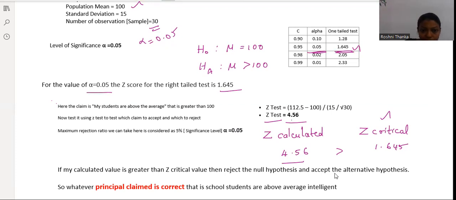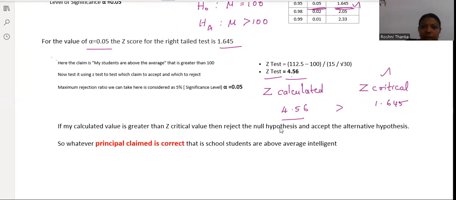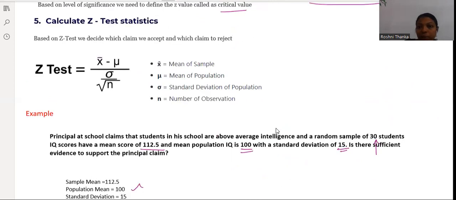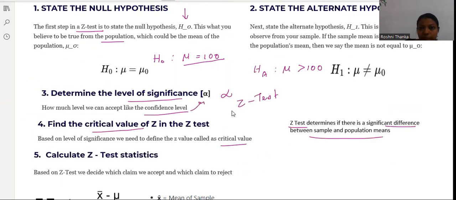If the value which we calculated is greater than 1.645, the z critical value, then we can reject the null hypothesis. What is the null hypothesis? That the mean of the population is 100. Then we have to accept the alternative hypothesis, which is that what the principal said is correct.